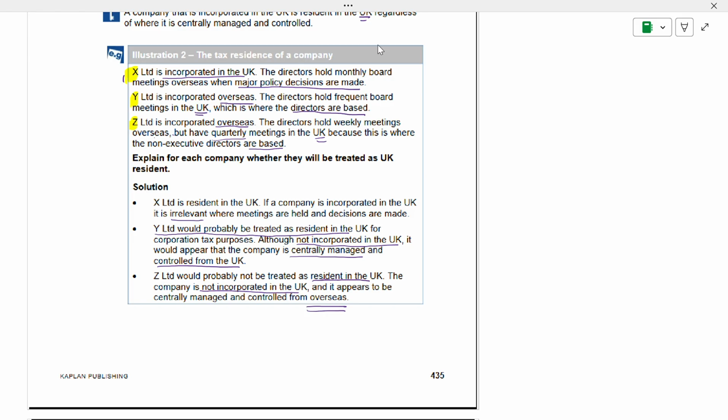Is it clear? It is not as complicated as individuals. Is it fine? Take your time and understand.